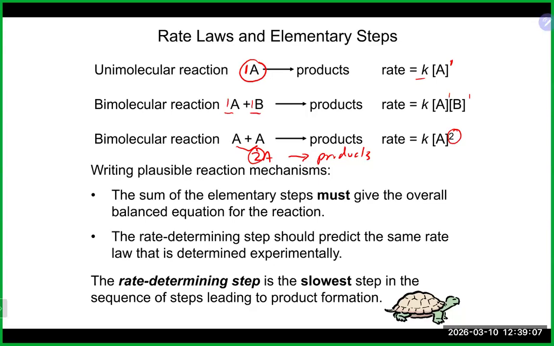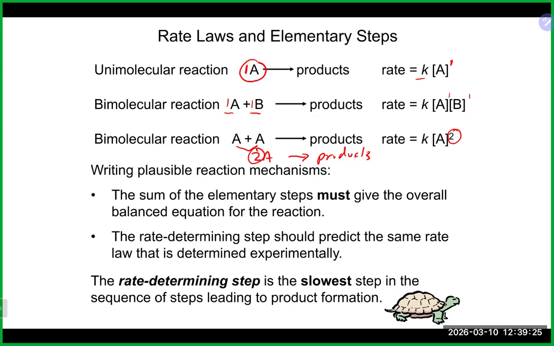If you add up the steps and it doesn't match the equation you're trying to determine, then it's definitely a bad mechanism. If it does add up to the equation you're looking at, then so far that mechanism is a good mechanism.